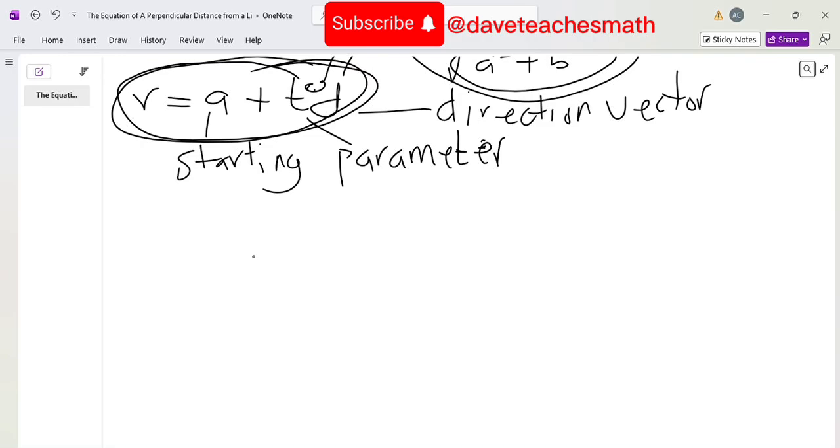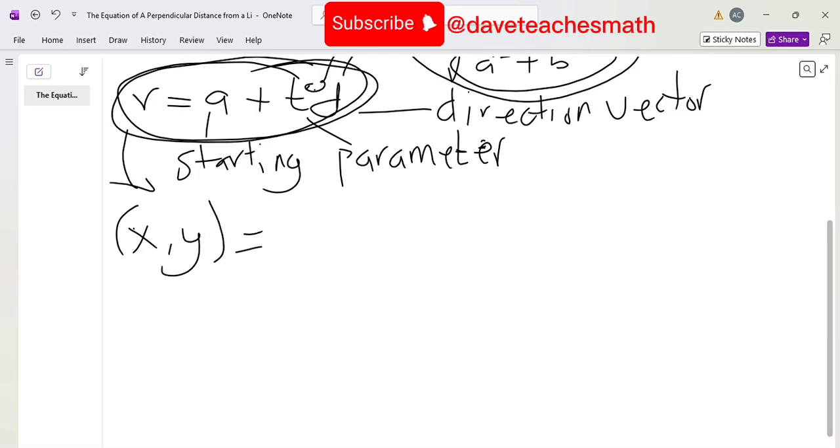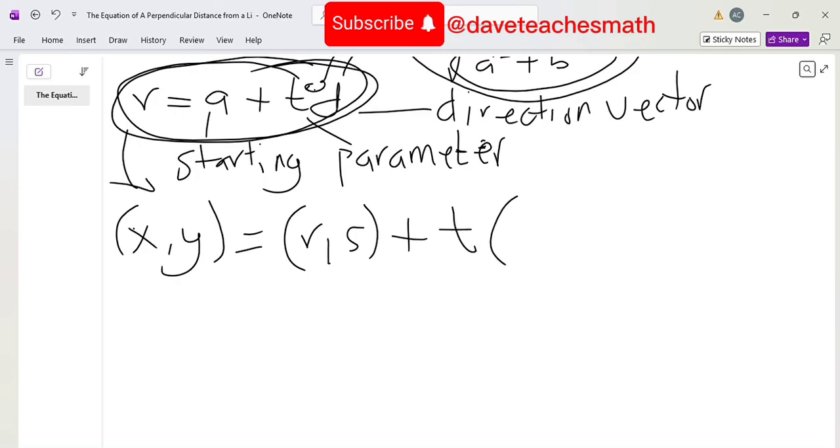So now let's try and convert it from this particular form to the Cartesian form. We are going to represent r by xy coordinates. So we have (x, y) is equal to, let's represent a by, let's say, (r, s). Then we have our t. We can represent the direction vector by (u, v).